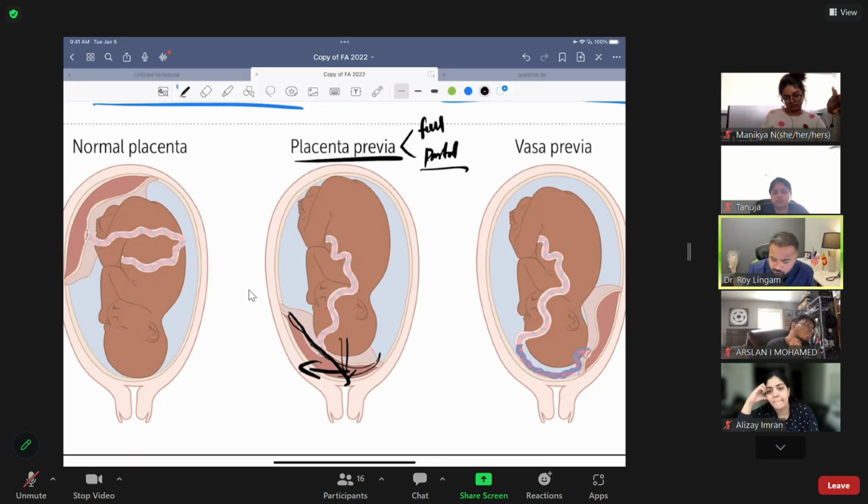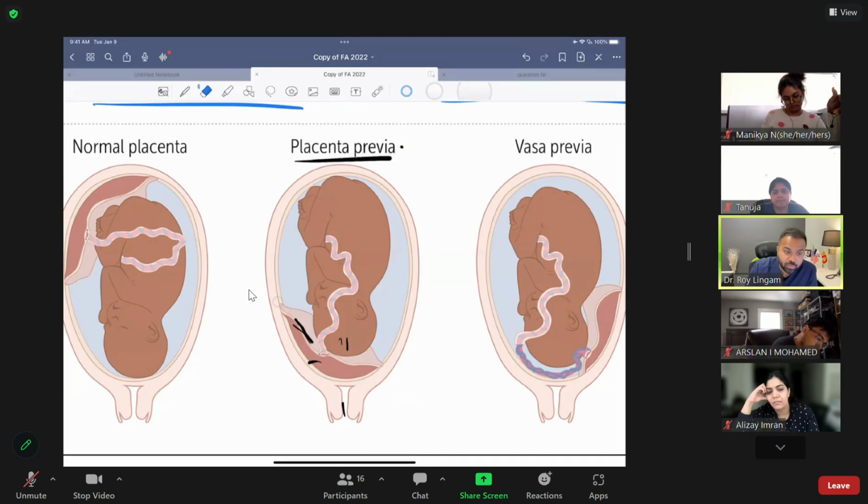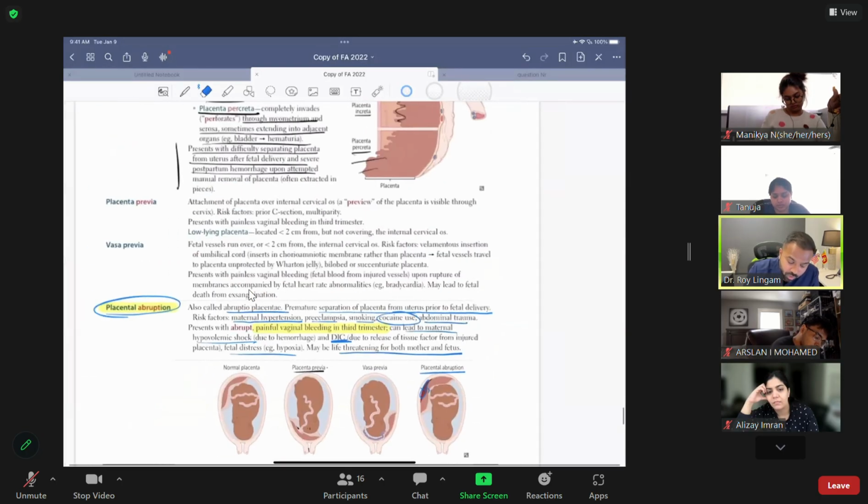If it moved, then you could attempt normal delivery. But if it is full, there is no way you could do it. So that's placenta previa, partial and full. Okay, that's too much for you guys. Step one, it's full and you cannot do normal delivery, folks. Okay, that's the idea.